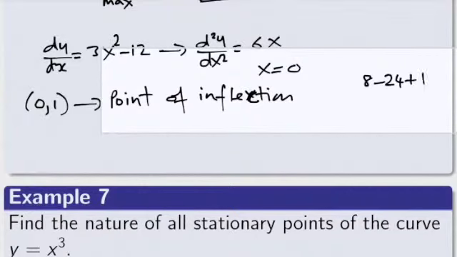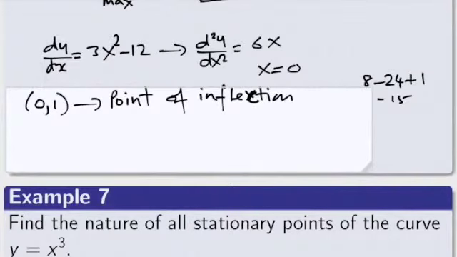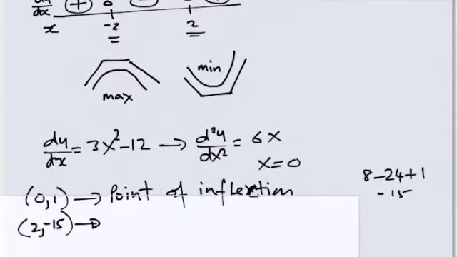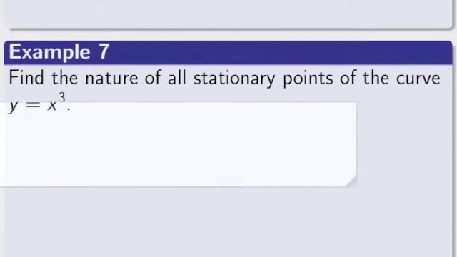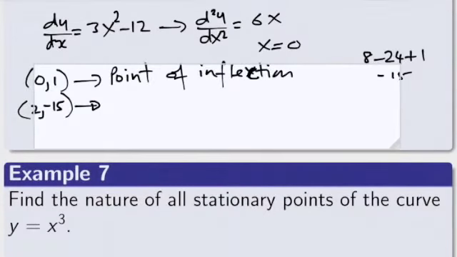So the value of y when x equal to 2 is 8 minus 24 plus 1, which is minus 15. So (2, minus 15) is a minimum. In fact, a local minimum.